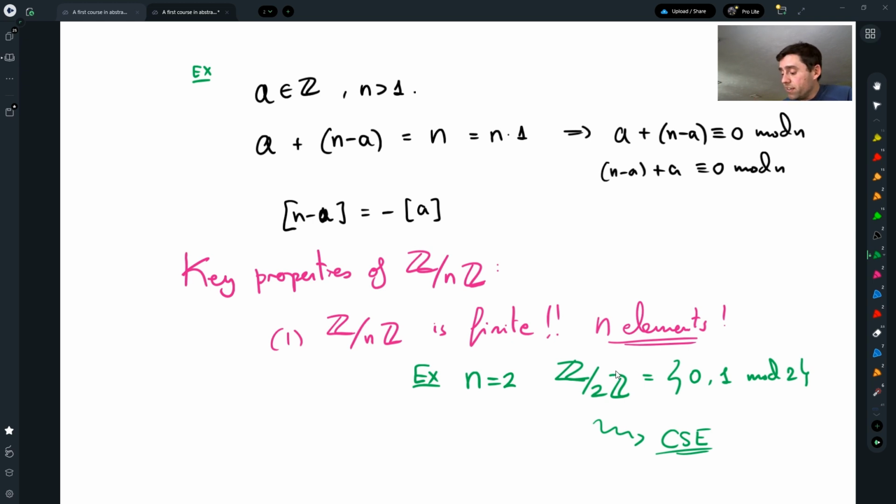It's this set Z modulo 2 under addition and multiplication that has found incredible applications in computers. So that is a great thing.